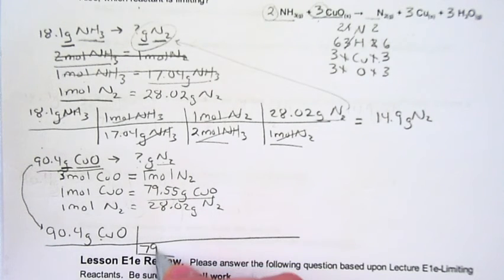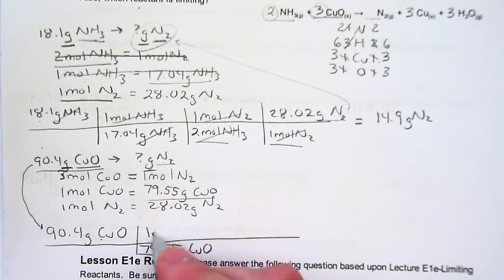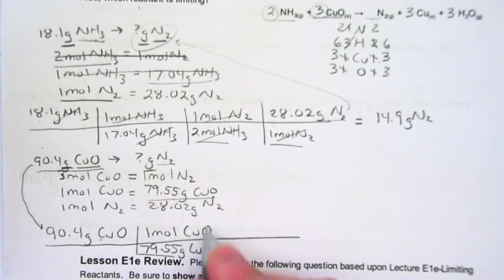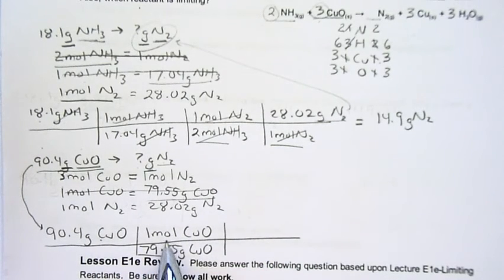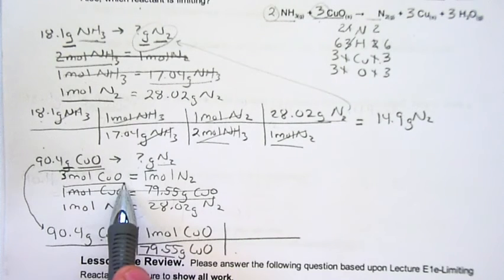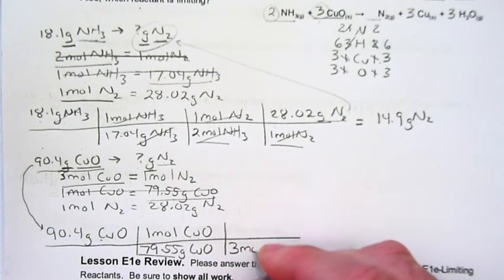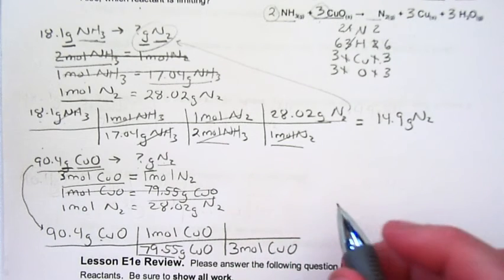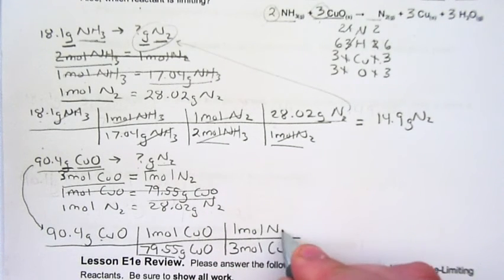So I put 79.55 grams copper 2 oxide, and it's equal to 1 mole of copper 2 oxide. Cross that out. I now have moles of copper 2 oxide on top. I want moles of copper 2 oxide on the bottom. I use those right there since only one's not canceled out. So that's 3 moles of copper 2 oxide, and it's equal to 1 mole of nitrogen.